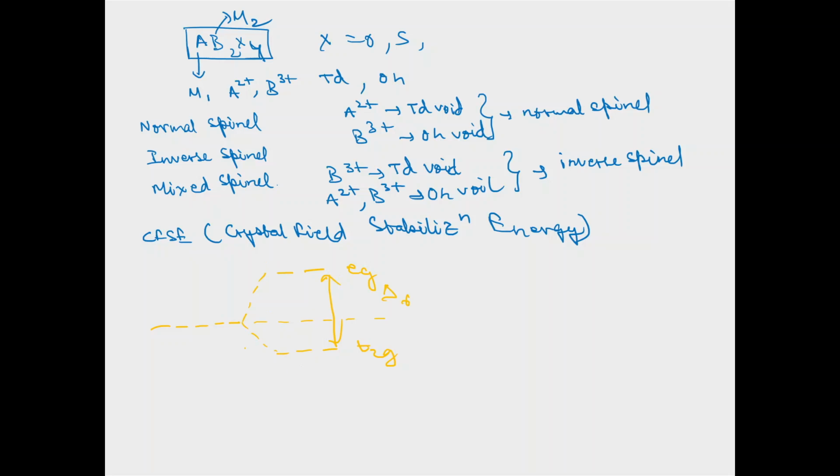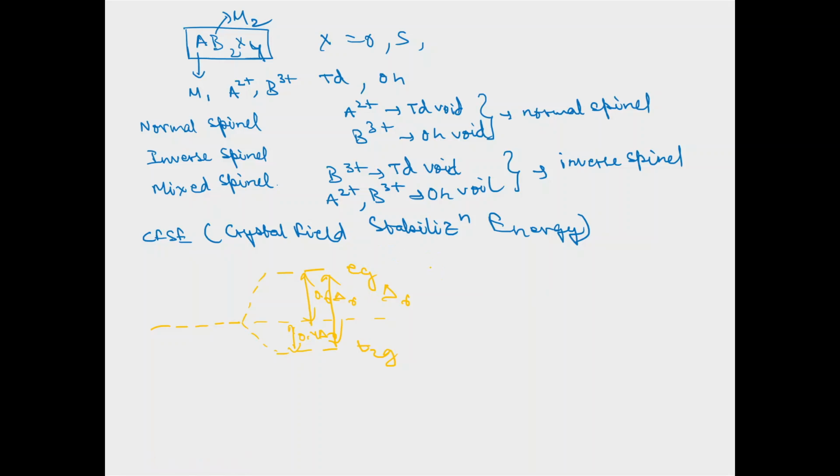The downside, that is T2g, is lower by 0.4 delta O, whereas the upper level is higher by 0.6 delta O. This way we calculate the crystal field stabilization energy. For each electron present in T2g, we consider 0.4 delta O, and for each electron present in Eg, we consider 0.6 delta O.